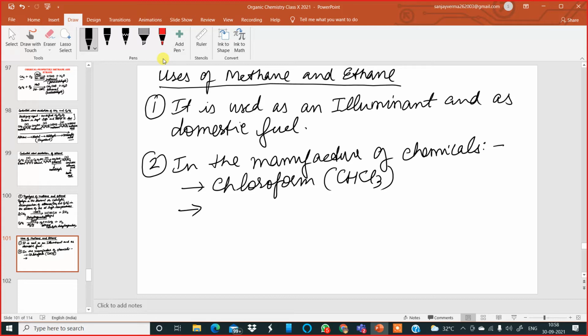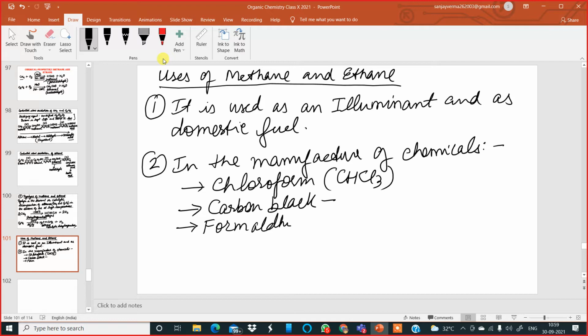Then it is used to prepare carbon black. Now carbon black is used as a black pigment for making shoe polishes or ink for printers. Then methane and ethane are used for preparing formaldehyde also.